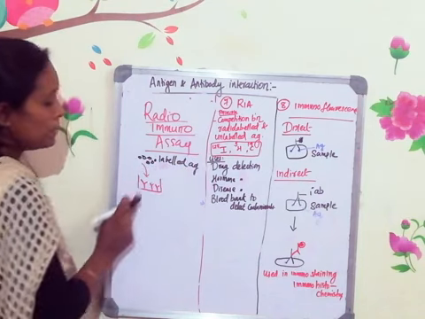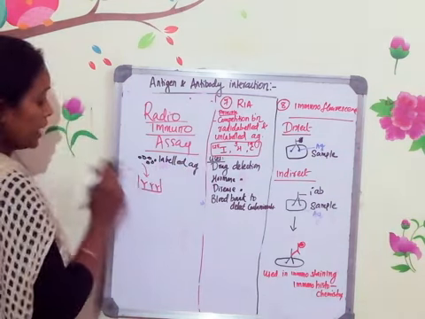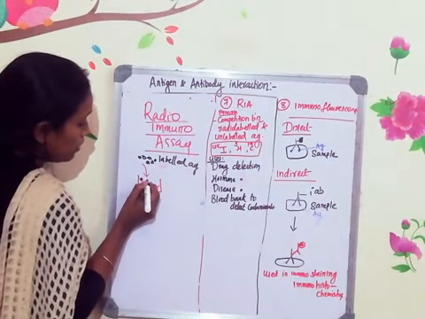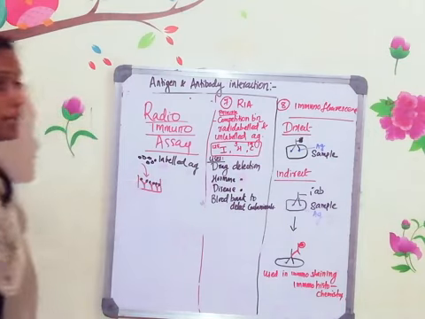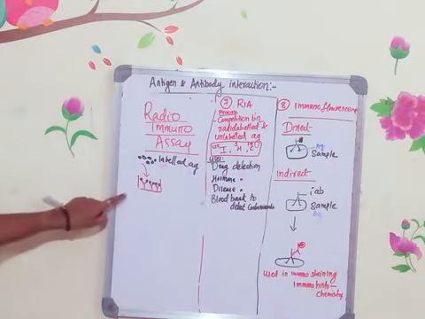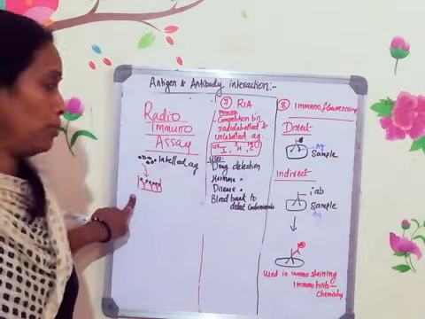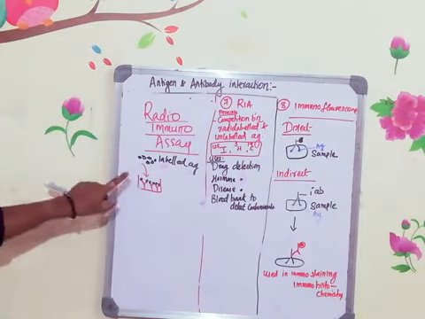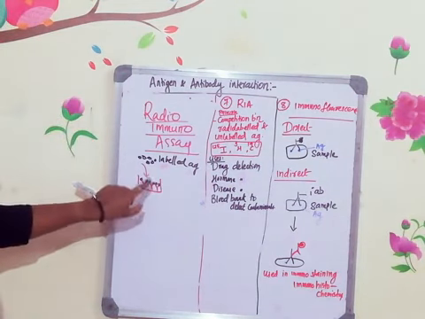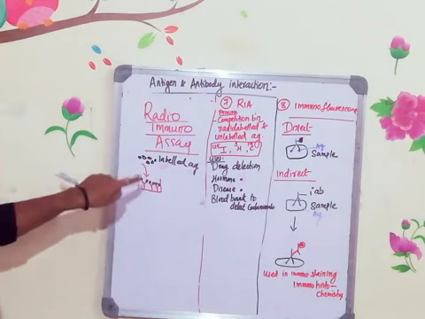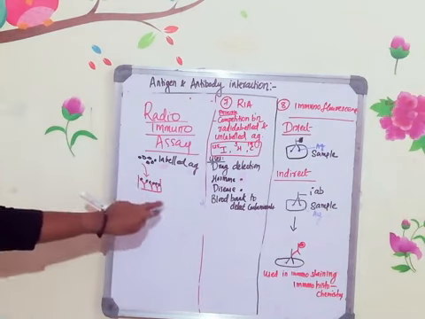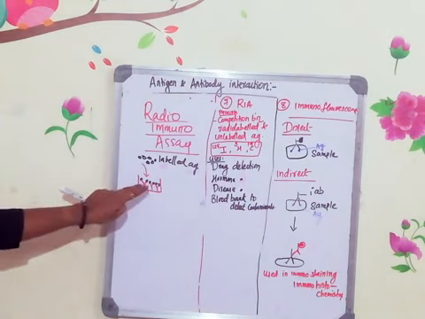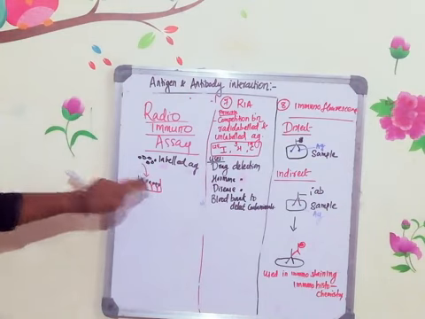When you add the labeled antigen, which corresponds to the antibody, the antigens will occupy the antigen binding site of the antibody. What is that antigen binding site called? Paratope. The antigens will bind to the paratope, and since here 3 antibodies are there, each antibody has 2 antigen binding sites, so 6 labeled antigens will bind to the paratope.